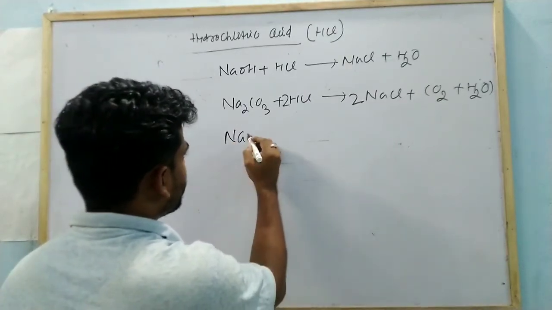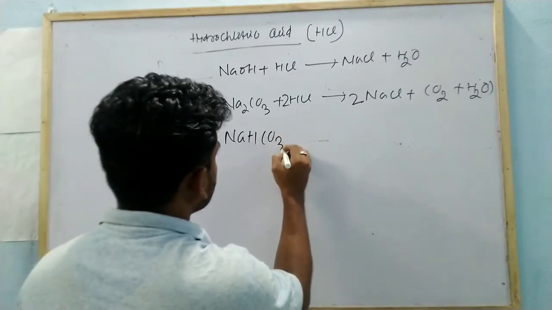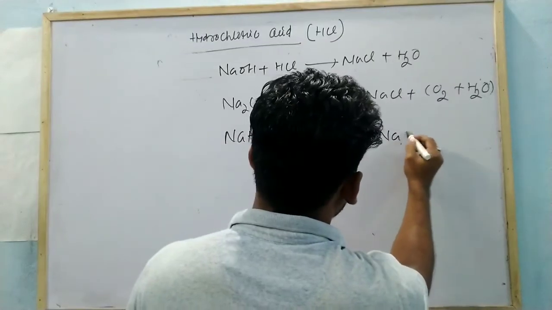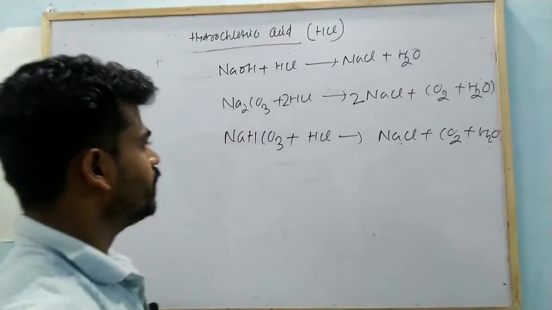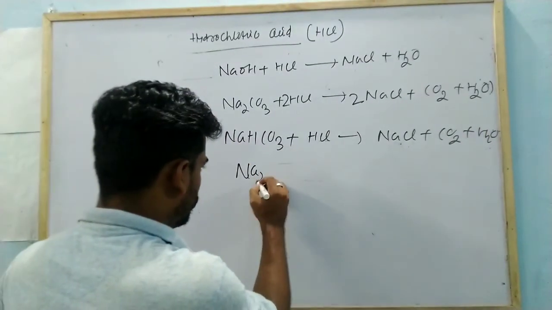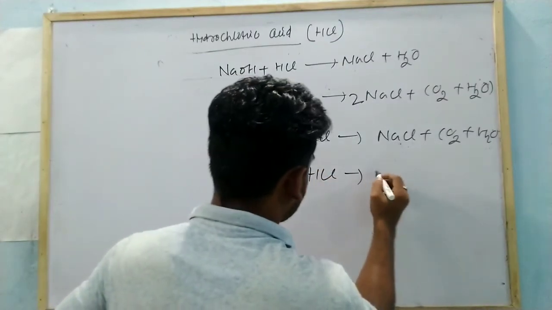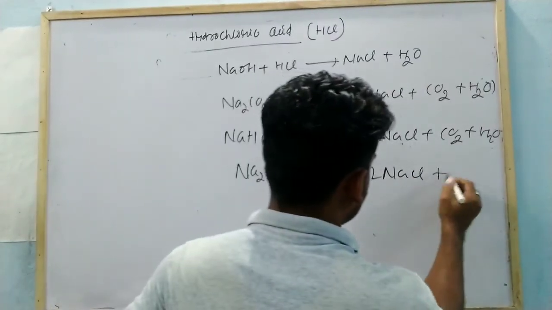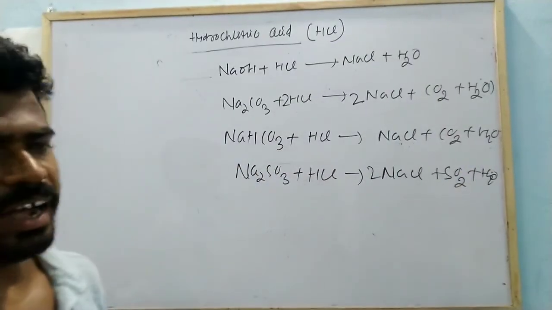Next, if I treat sodium bicarbonate, NaHCO3, with HCl, then I am also getting NaCl plus CO2 plus H2O. If I treat sodium sulfite Na2SO3 plus HCl, then I am getting 2NaCl plus SO2 plus H2O. These are the reactions of hydrochloric acid.